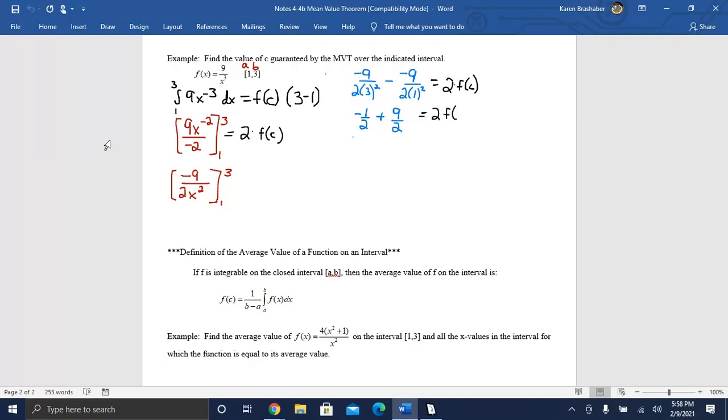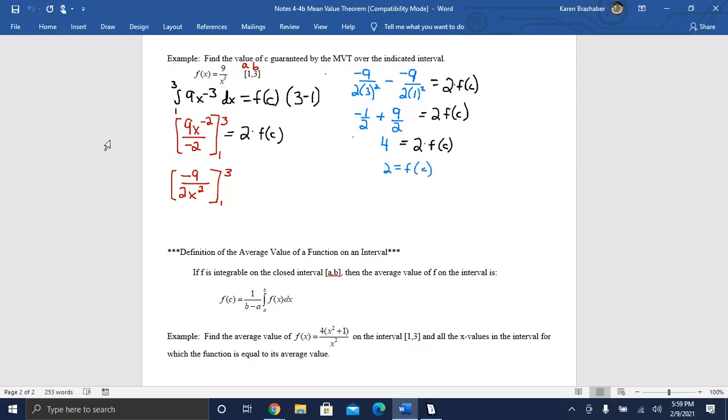And hopefully you can see the solution emerging from this. So negative 1/2 plus 9/2 is 8/2. That's going to be 4. So 4 equals 2 f of c. And I can divide both sides by 2, leaving me with 2 as my f of c.